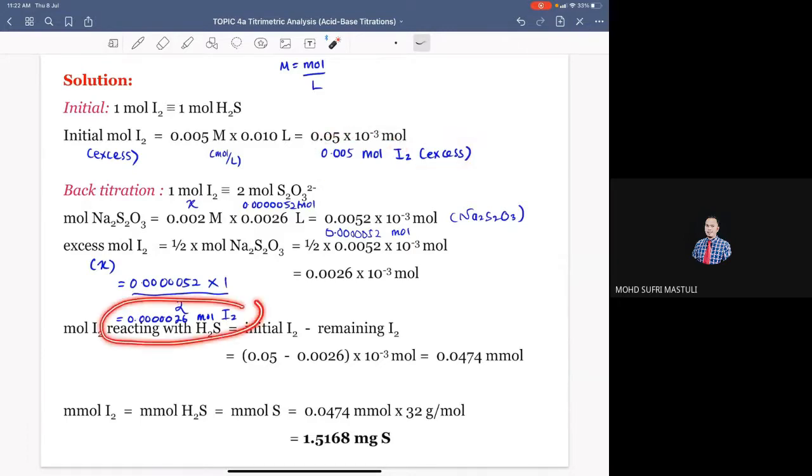Okay, so the mole in excess just now should be deducted from the initial mole of I2 from the back titration. So you can obtain the mole of real iodine.